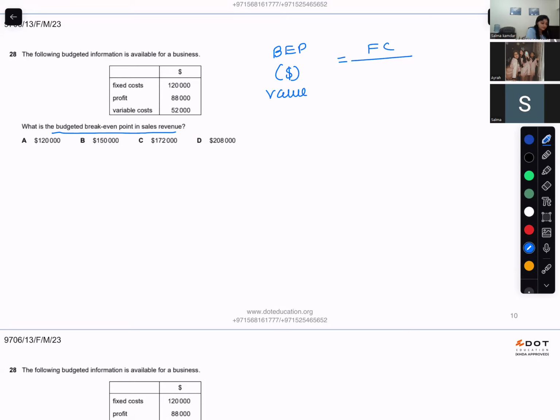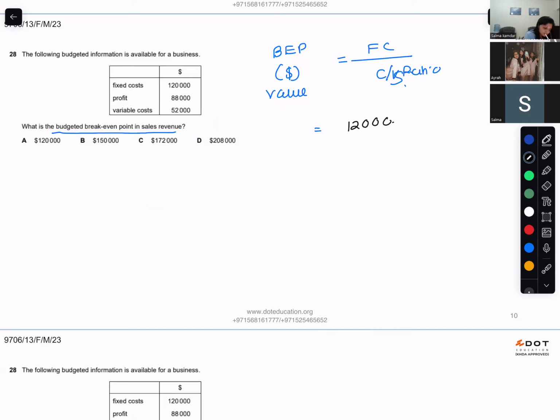You have to use the total contribution, not unit-wise. You will do the CS ratio, contribution to sales ratio. Fixed cost is 120,000.